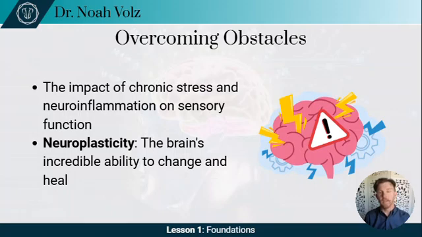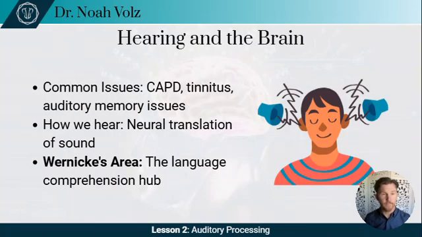And anytime there's chronic stress or neuroinflammation, that reduces our brain's capacity to be more plastic. And so we want to ensure that we're targeting this inflammation and the stress and reducing that with whatever tools we have at our disposal so that our brain can function optimally.